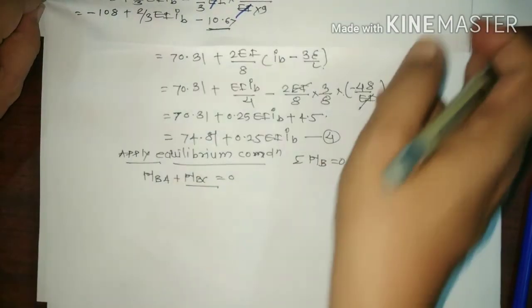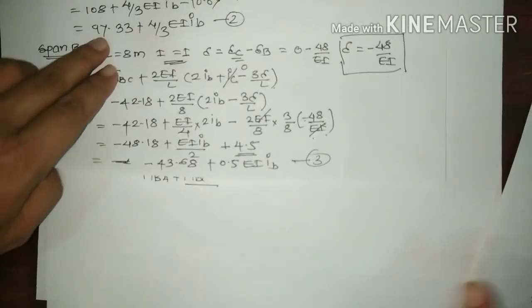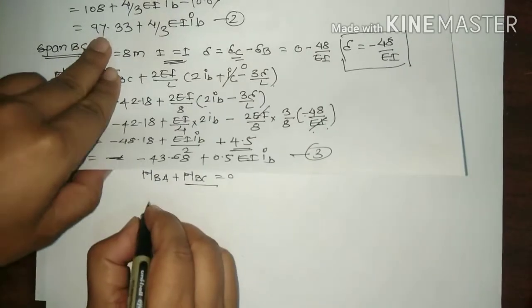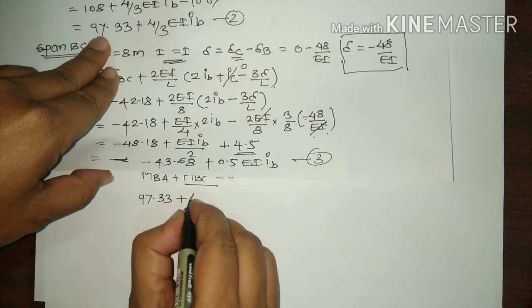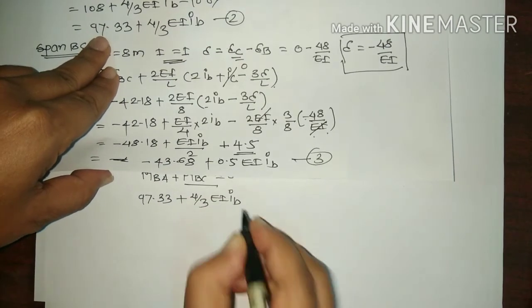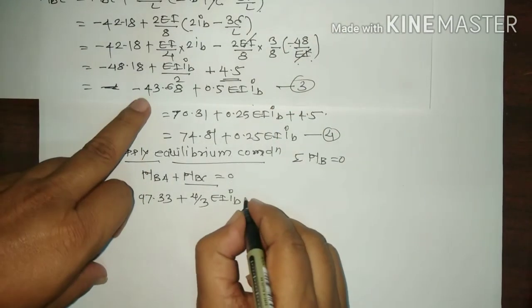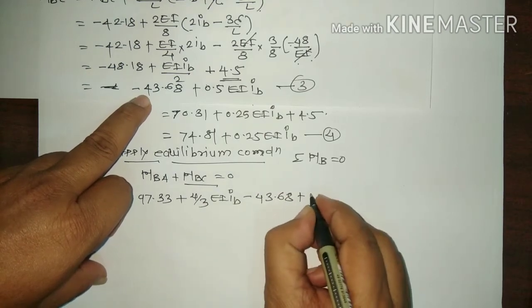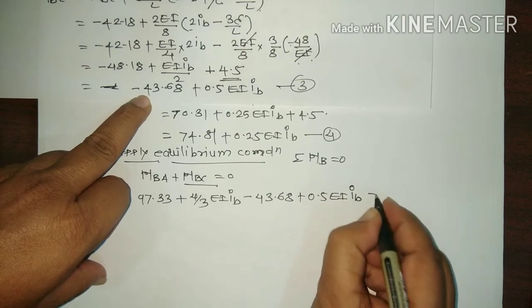So MBA is here 97.33 plus 4 by 3 EIIB, and MBC is minus 43.68 plus 0.5 EIIB, that is equal to 0.